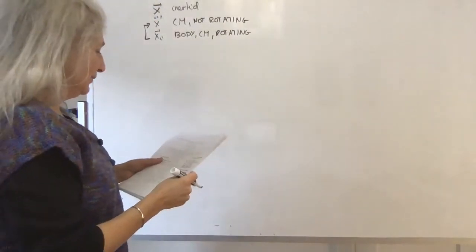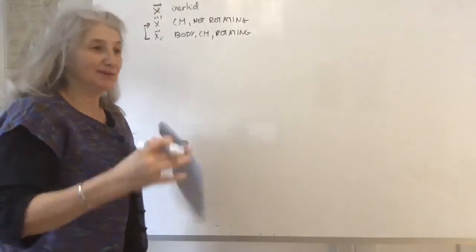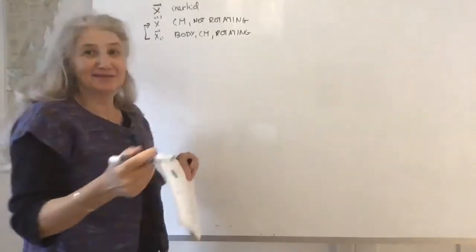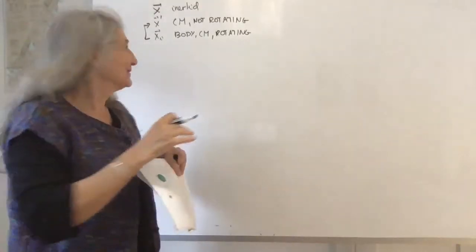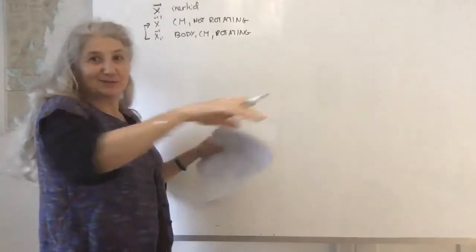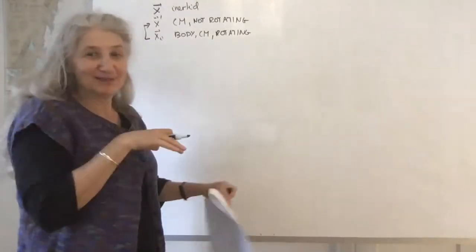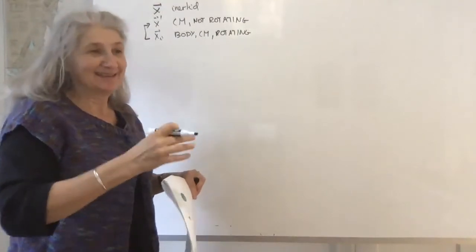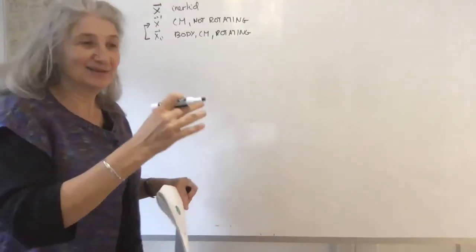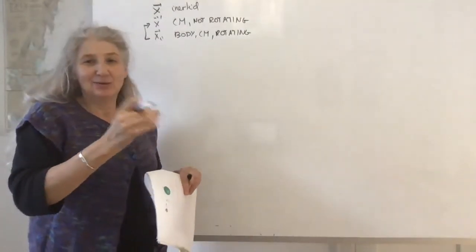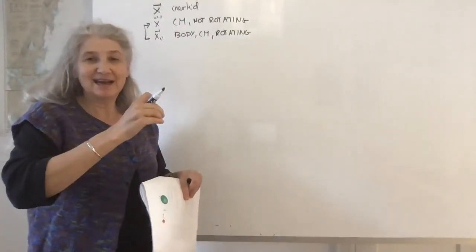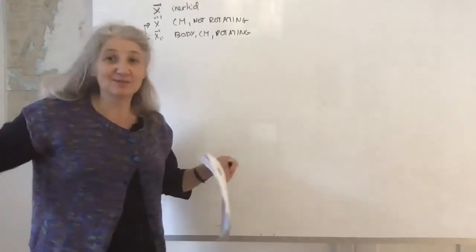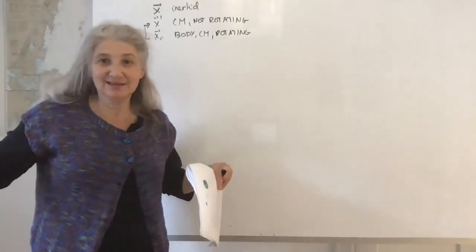In order to go from the body coordinate system to one that's not spinning, we have to rotate the body. An example is again latitude and longitude on the Earth, but then what position is that point on the Earth's surface with respect to the background stars?